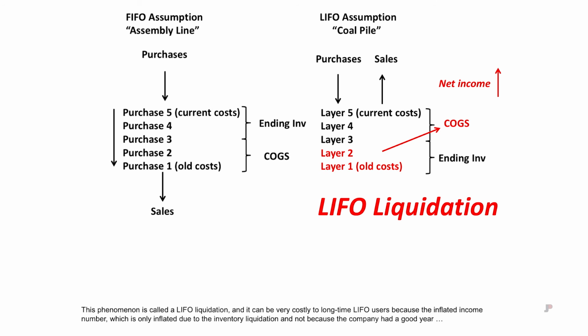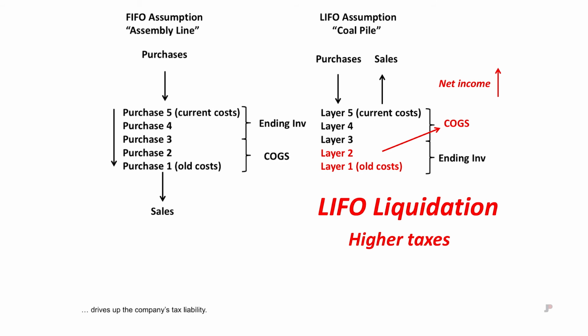This phenomenon is called a LIFO liquidation, and it can be very costly to long-time LIFO users because the inflated income number, which is only inflated due to the inventory liquidation and not because the company had a good year, drives up the company's tax liability.